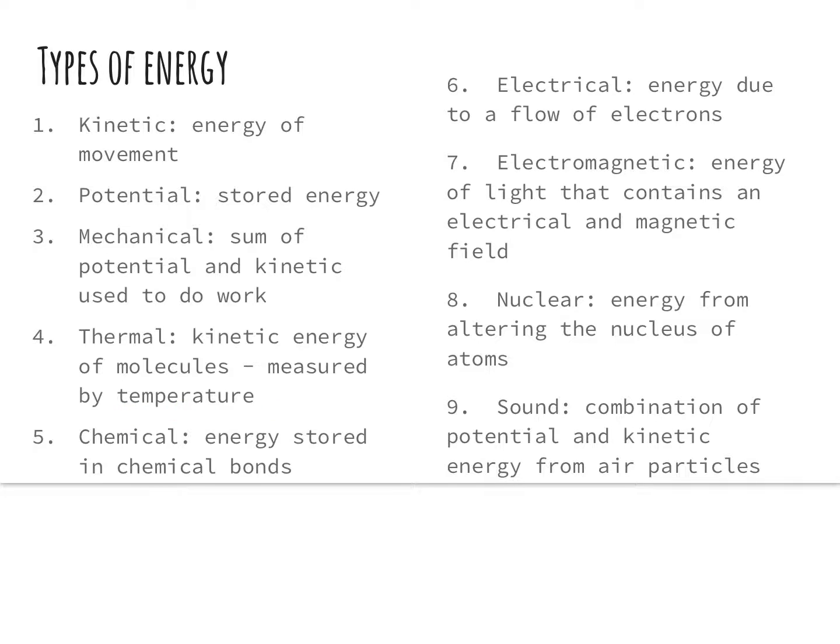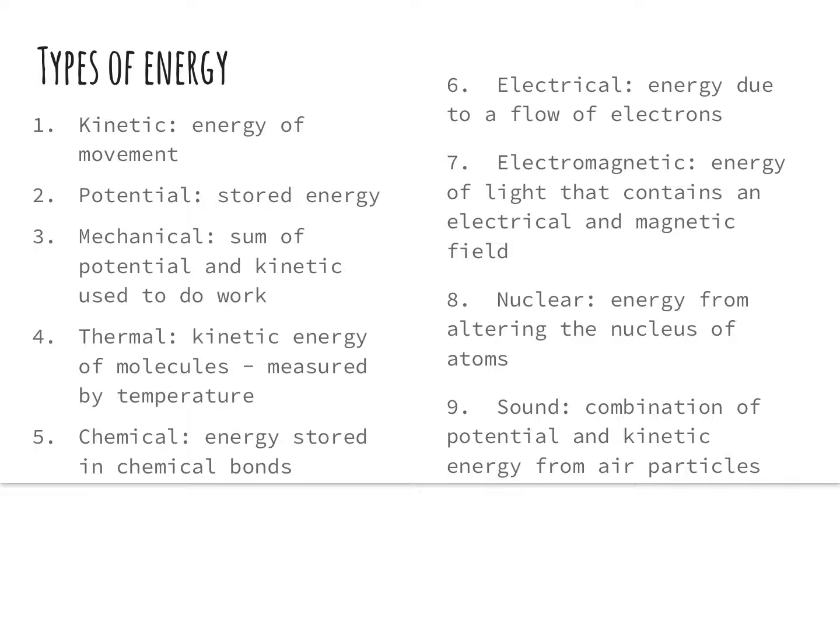So every time you're taking a temperature, you're actually measuring the thermal energy, or the kinetic energy, of the molecules. All right, chemical energy is any energy stored in chemical bonds. We'll get to that when we do chemistry after we're done with the physics part of physical science. Electrical energy is anything due to a flow of electrons.